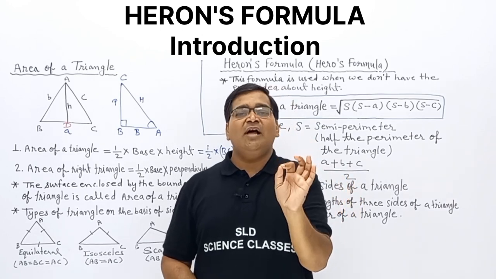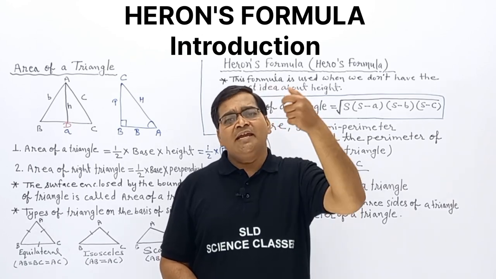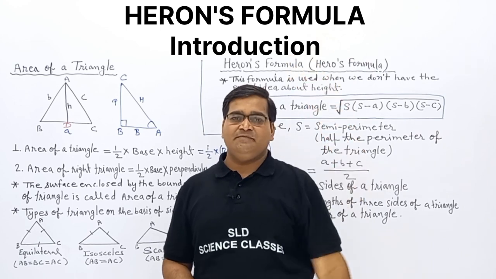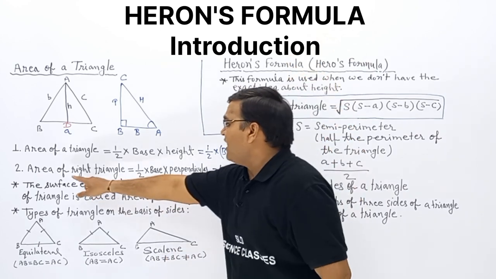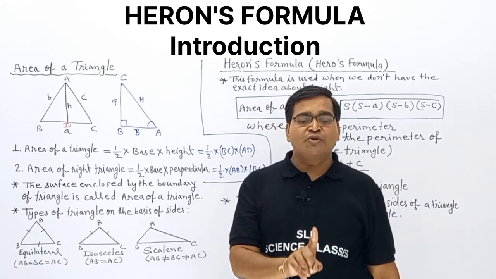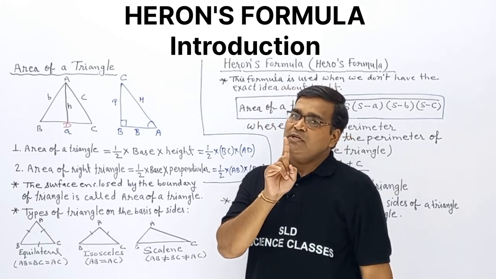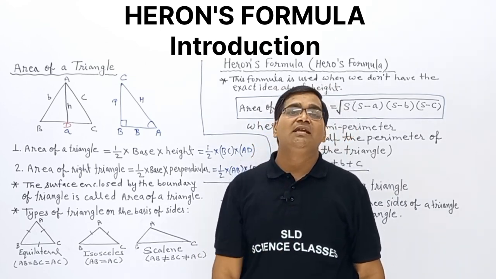So this formula is used to find the area of any type of triangle. But the area of a right triangle formula is used to find the area of a right triangle only.